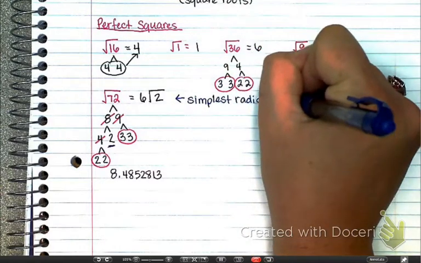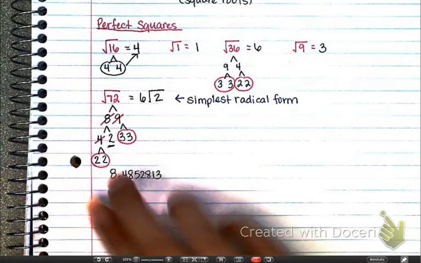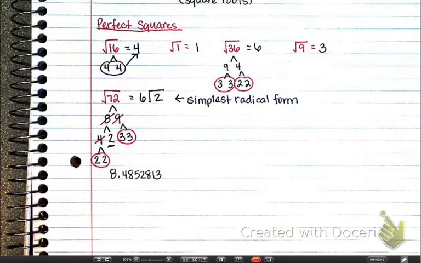If I ask you to write it in simplest radical form, you're going to break down the square root, find your pairs and pull them out, and leave whatever's left over inside.